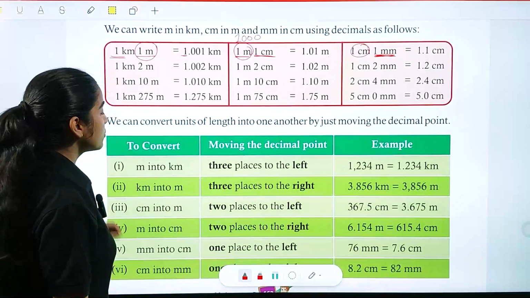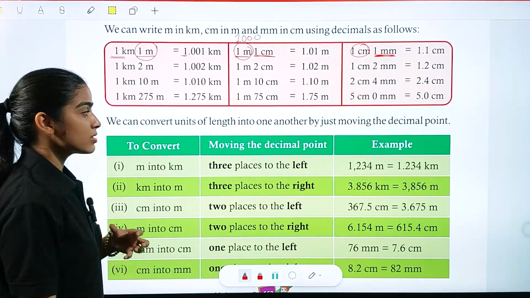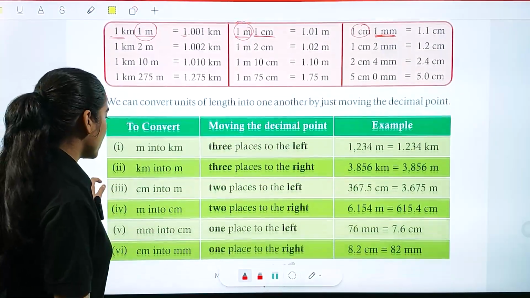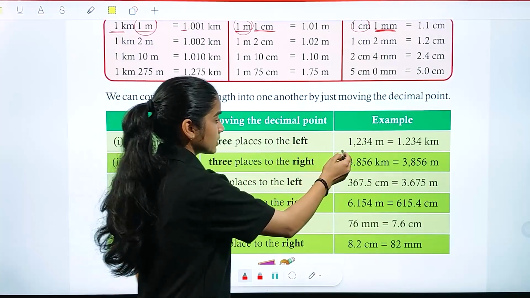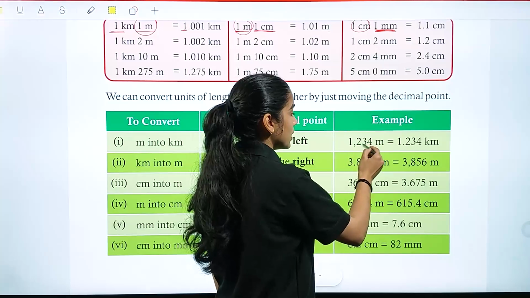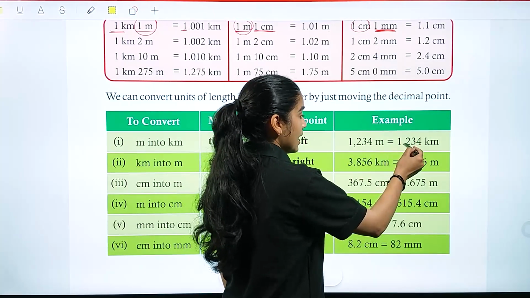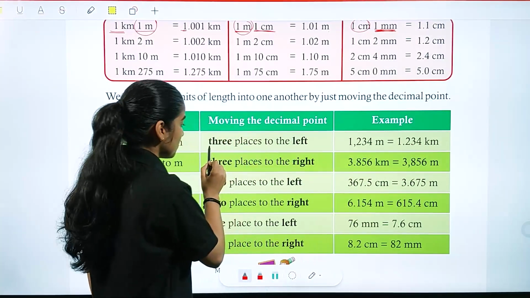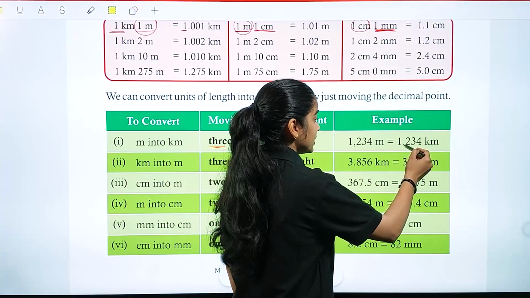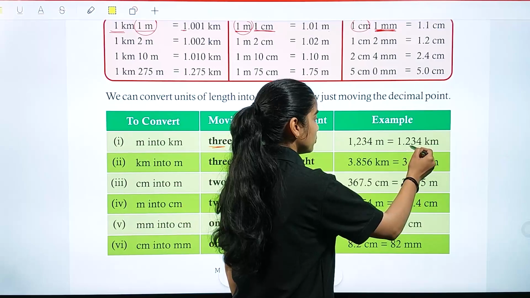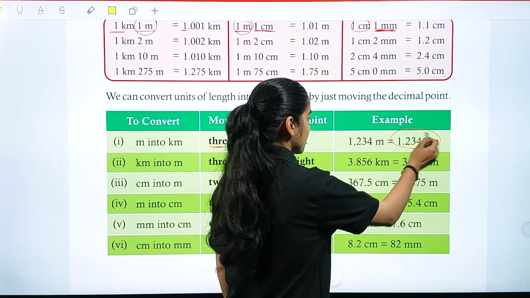Now we can convert units of length into one another by just moving the decimal point. Meter into kilometer: 3 places to the left. So this is 1234 meter, and by moving 3 places towards the left-hand side, we can easily represent it in kilometer: 1.234 kilometer.